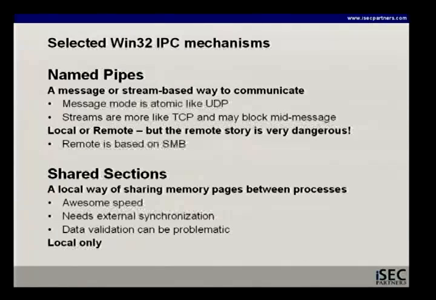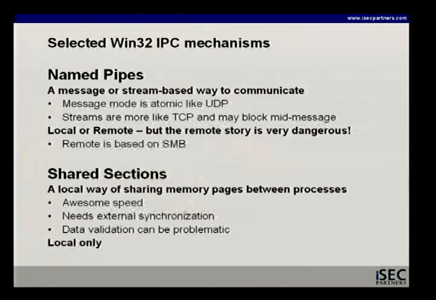With a named pipe, when you stuff a message down, on the other side the read returns. Not so with a section. With a section, you just have a block of memory, and when you scribble in there, whatever you write is in there for anyone else who wants to look. And if you want to tell them, hey, you should go and look in there, you have to do it through some other channel. So because of this lack of synchronization, data validation can be really problematic, and we'll talk about that a little more later.